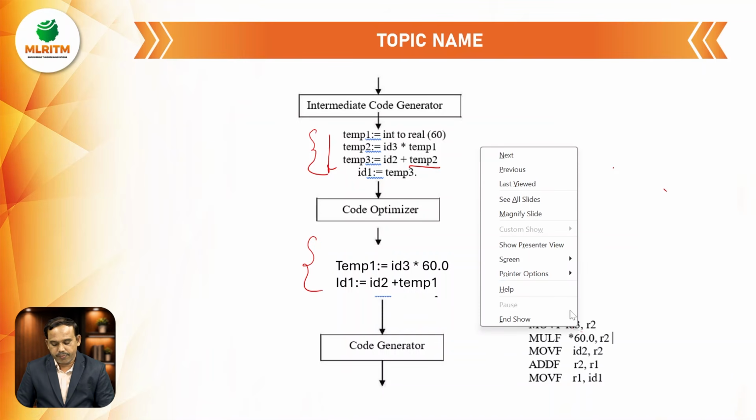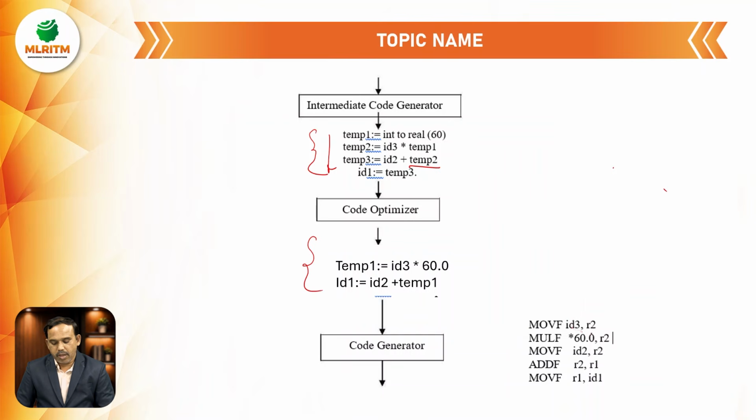Then id3 is copied to the R2 register, and multiply both R2 register and id3, and move id2 into the R2 register, add, and move the id1 value to the R2 register.